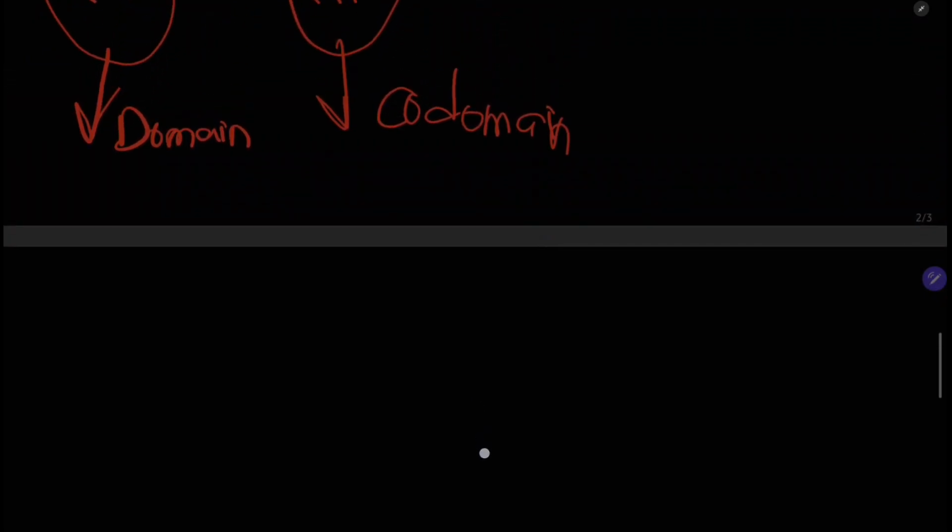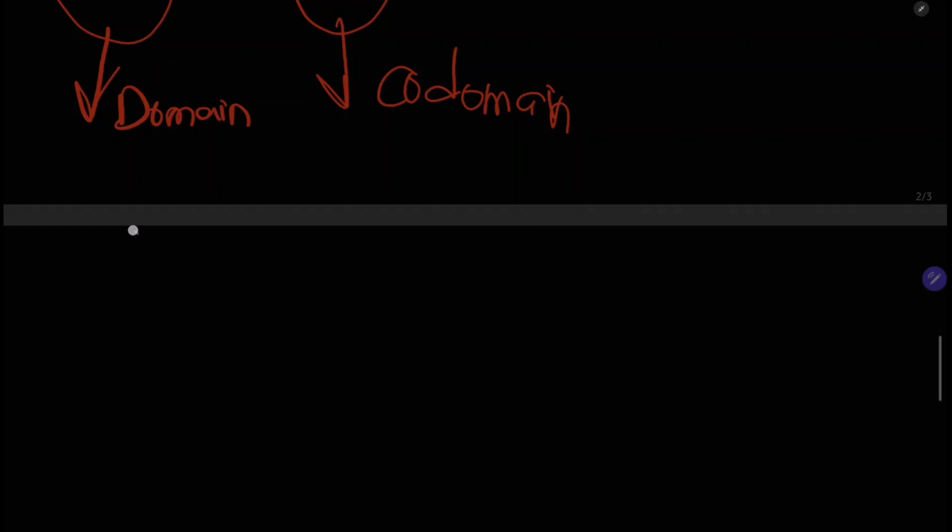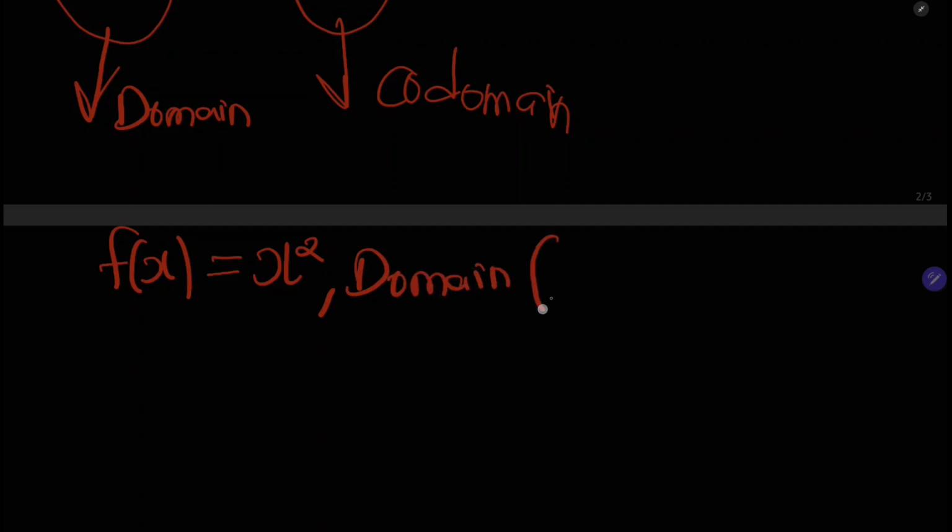Okay, so let's have an example. f(x) = x squared, and we have a domain of -2, -1, 0, 1, and 2.